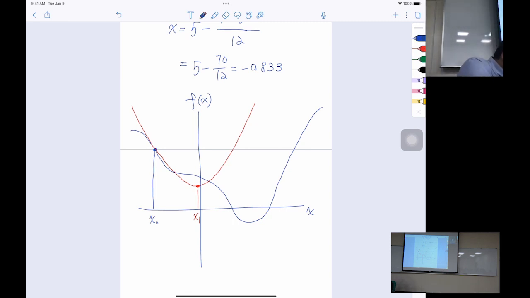Then on the second round, I will make another second order Taylor expansion again. Maybe the approximation of the function looks like this. Then this will be my solution for the second round.